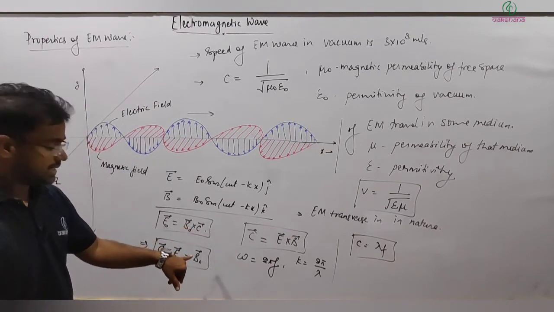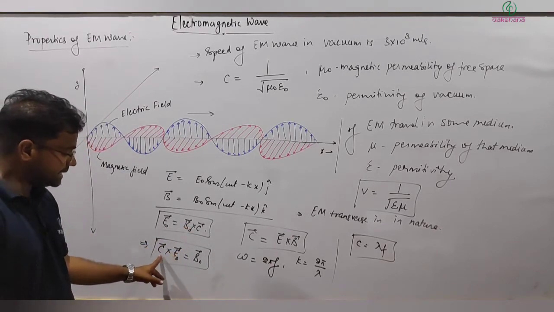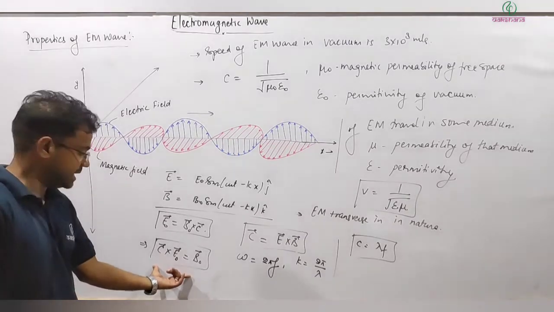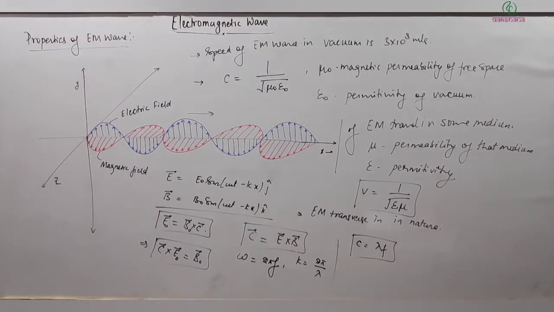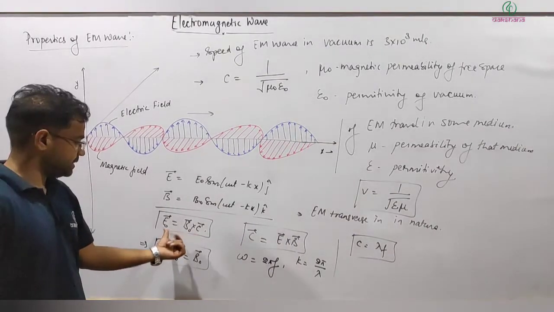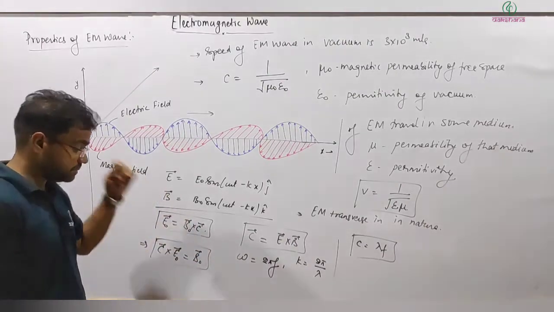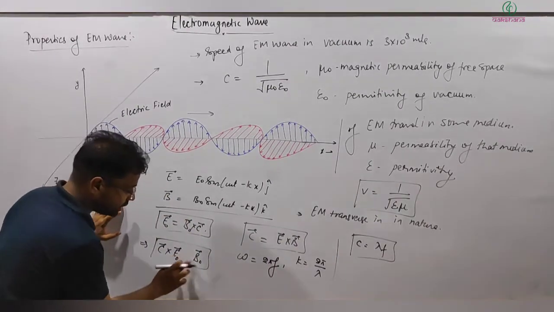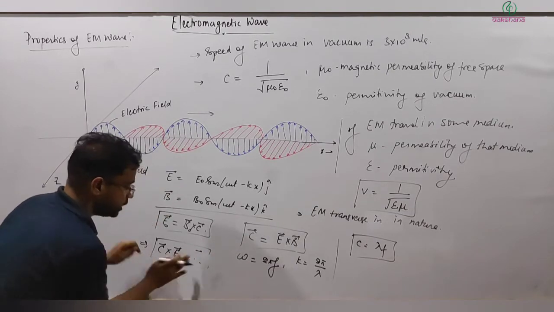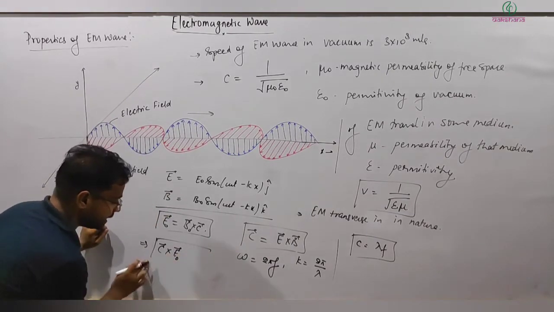And this is for direction actually, it is not exactly for magnitude, so I should not write that exactly. Yes, I need to modify here. This is the relation between electric magnetic field and C, speed of light or speed of electromagnetic wave. This is also true, but only for direction, not for magnitude, so I should rewrite it.